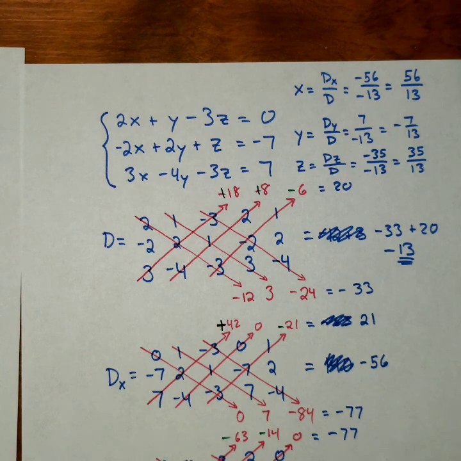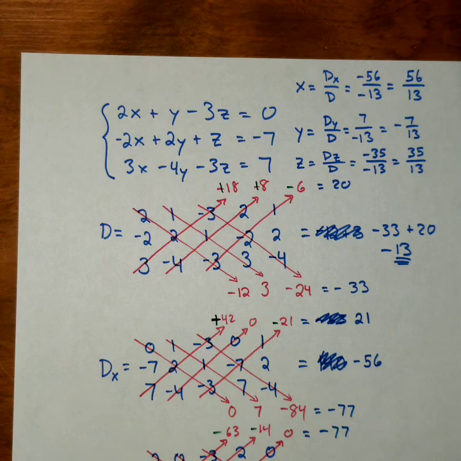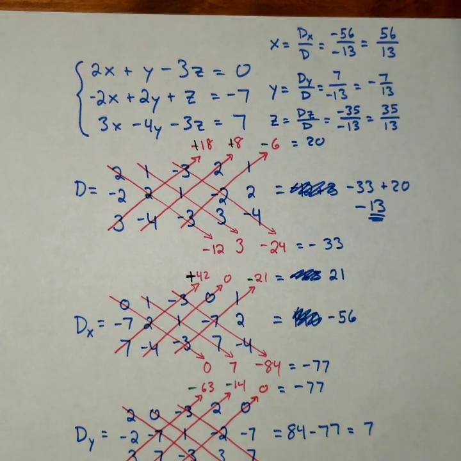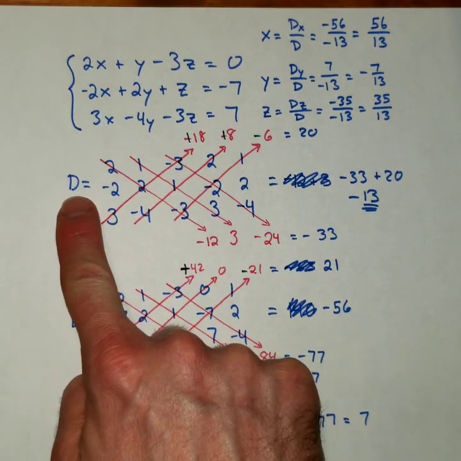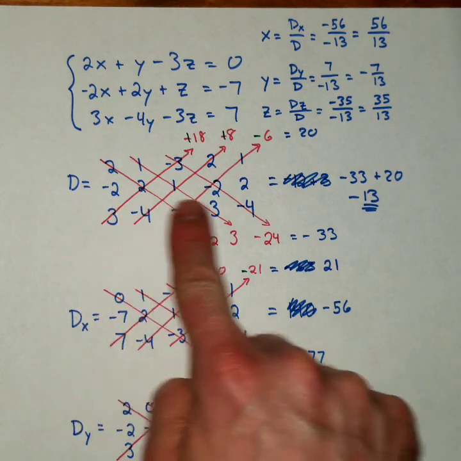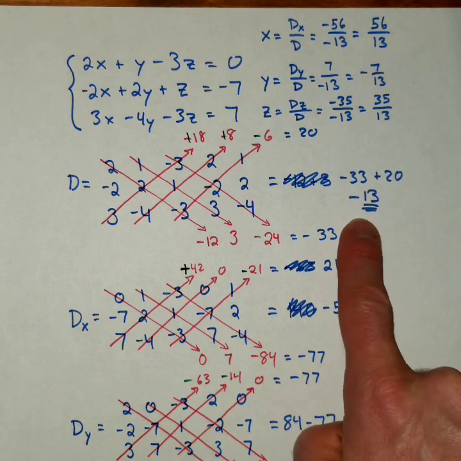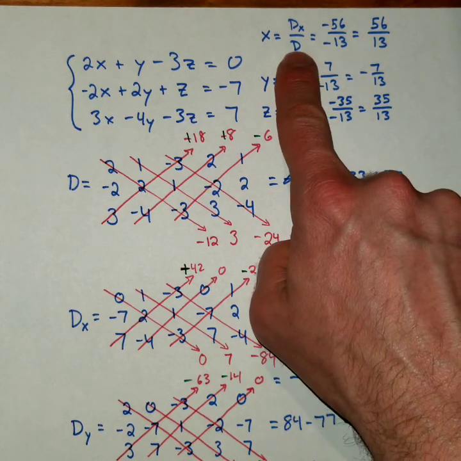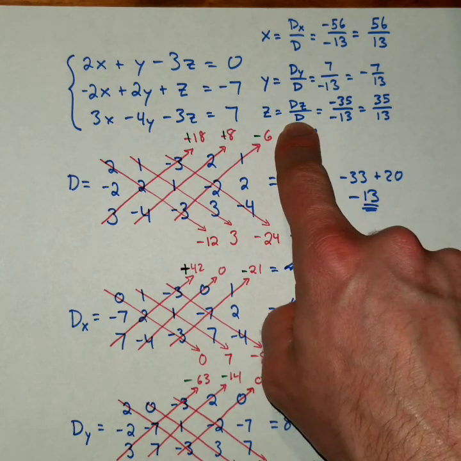Of course, I would put that in the ordered triple notation, but you've already seen that and I'm running out of room. The last thing I do want to mention about determinants and Cramer's rule, actually there's two things. One is that it is possible to calculate this determinant D and get a 0 instead of another number, like we got negative 13. And notice, if you plug a 0 into these denominators, you would get an undefined value.